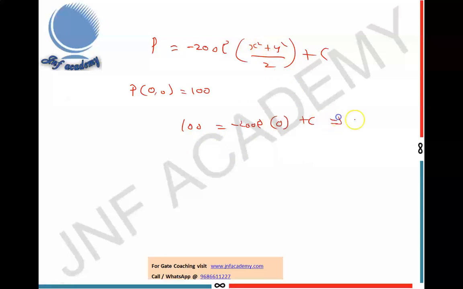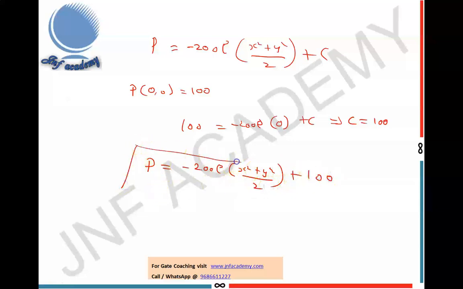So this implies c is equal to 100, your constant. So you got p is equal to minus 200ρ (x² plus y²)/2 plus 100. This is the pressure function of that flow field.